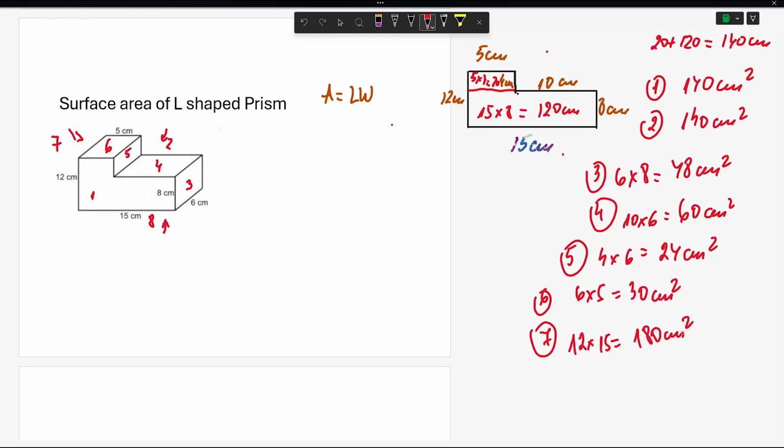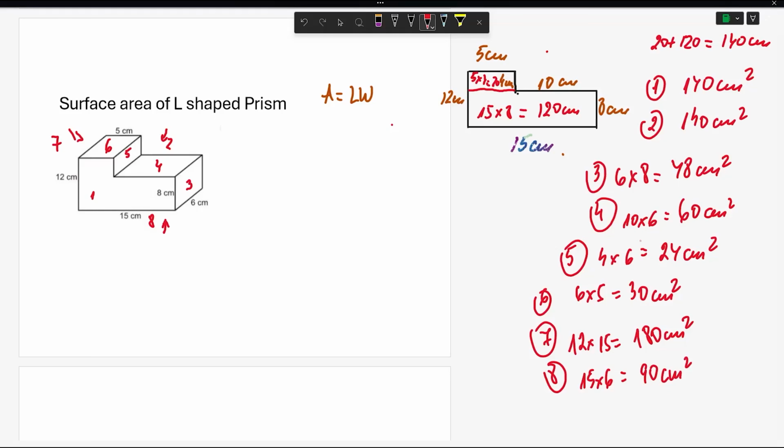And now I need to find the last one, which is on the bottom. I have 15 and 6. I have 15 and 6. And this is 90. So now I have all my sides. So what I have to do, I need to plus all of them.